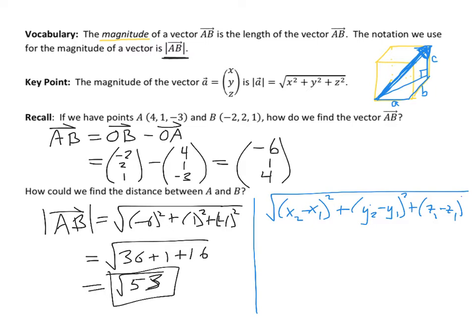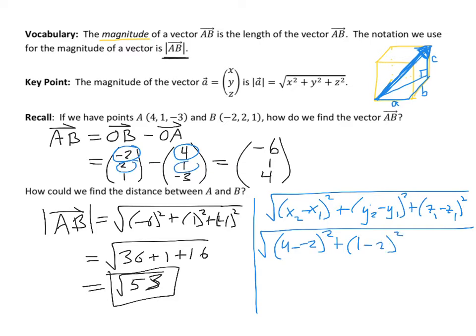You subtract those components and square it. You could do the same thing here. You would have the square root of the difference of the x components, that would be 4 minus negative 2 squared, plus the difference in the y components, 1 minus 2 squared, and then the difference in the z components, so negative 3 minus 1 squared.